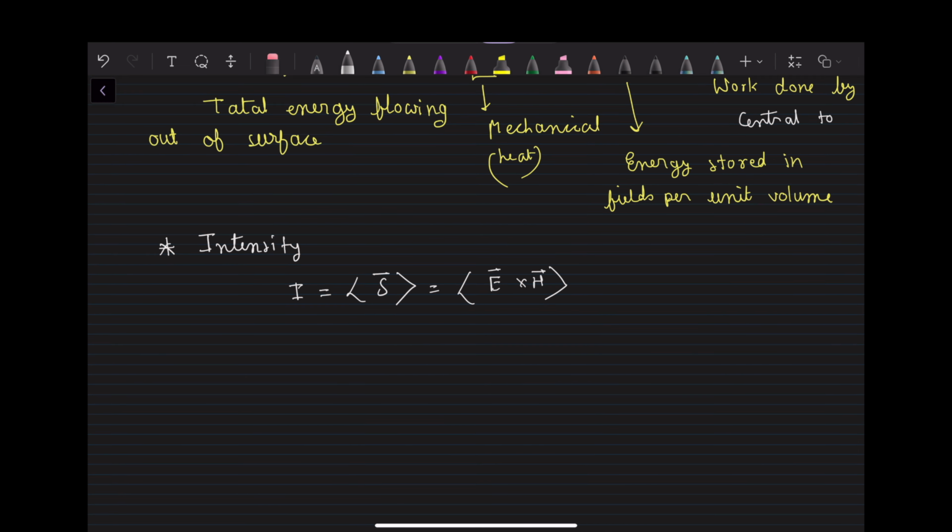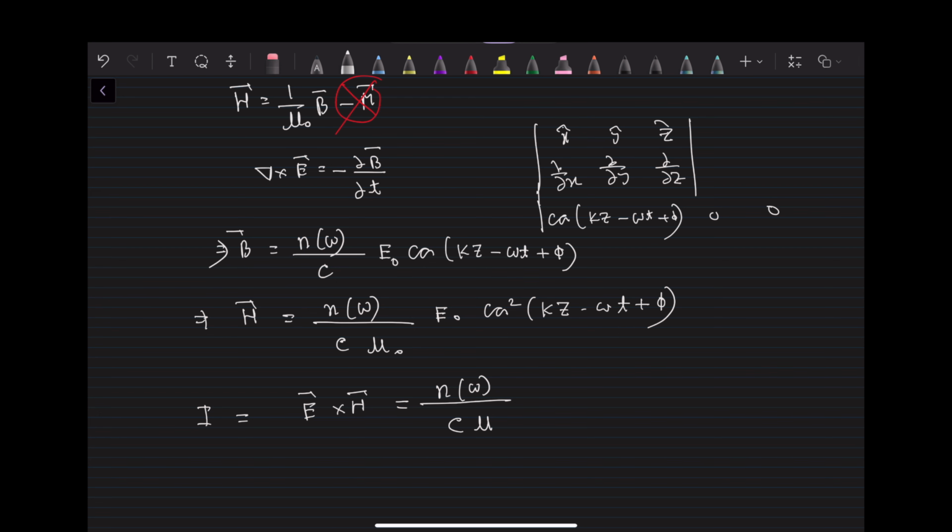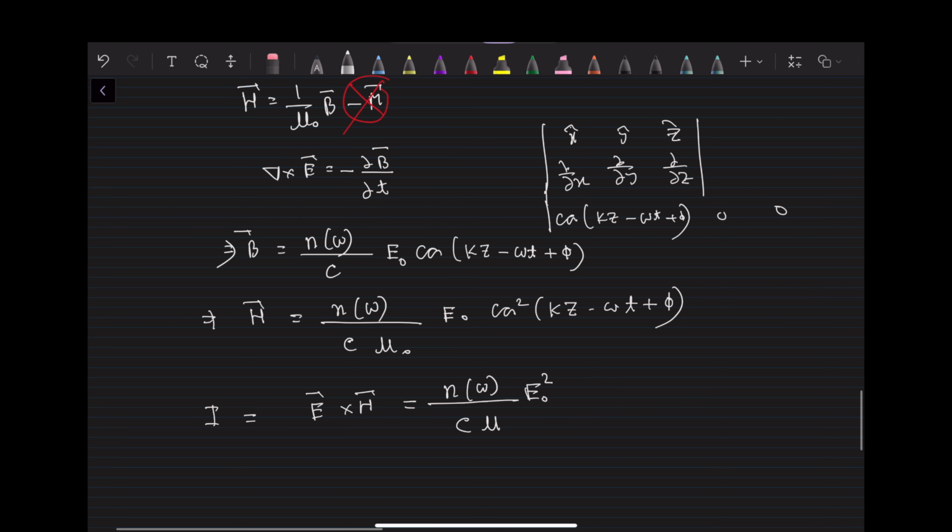We have the cos square term, then we have to take the average, right? It's because this is varying very fast in time, we cannot measure that, so we'll see some averaging effect.